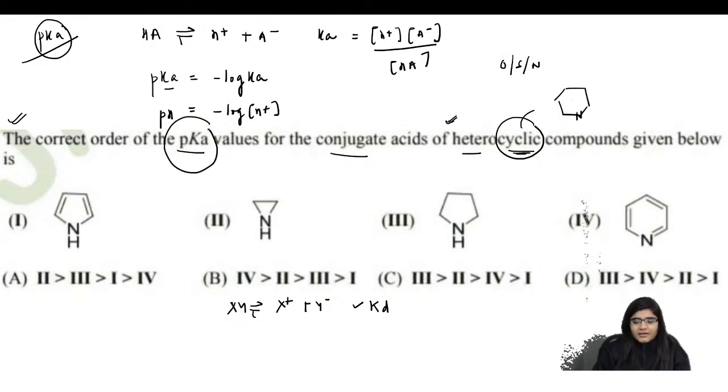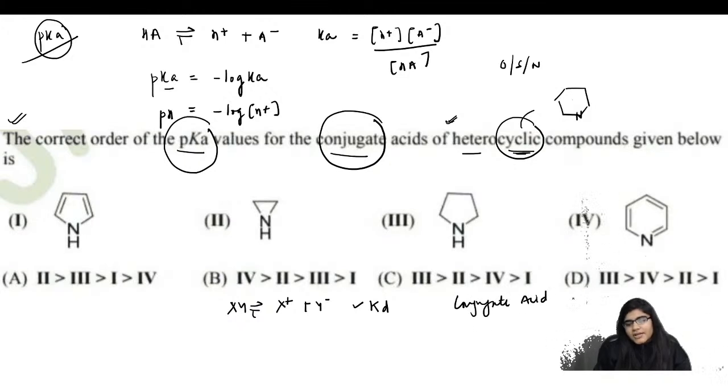Now we are clear on what pKa is. Now we have to understand what conjugate acids are. Conjugate acid means it is the conjugate acid of a base. Let's suppose we have a base.